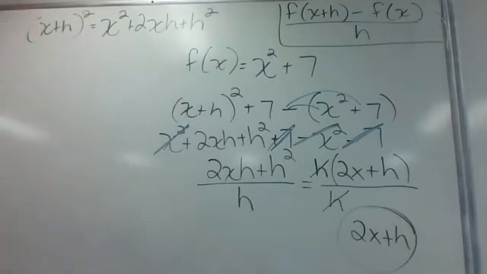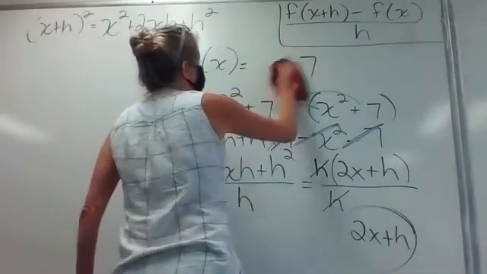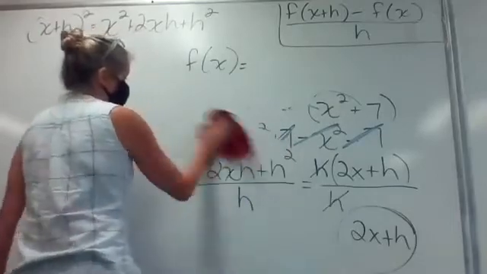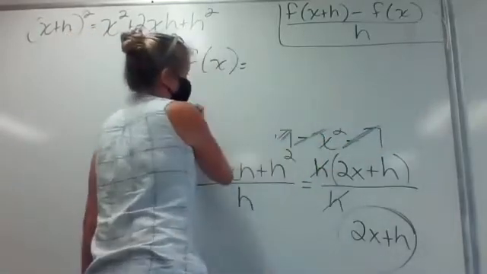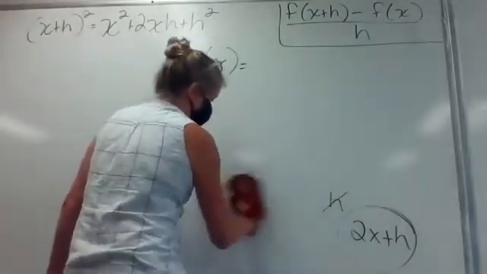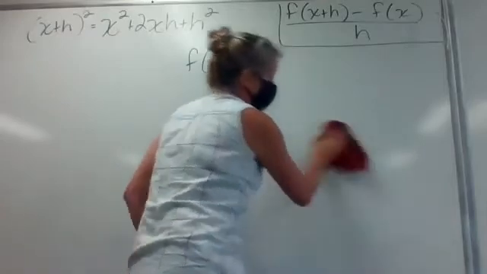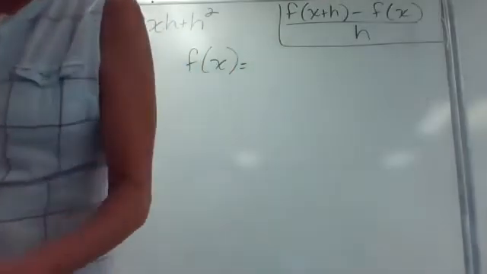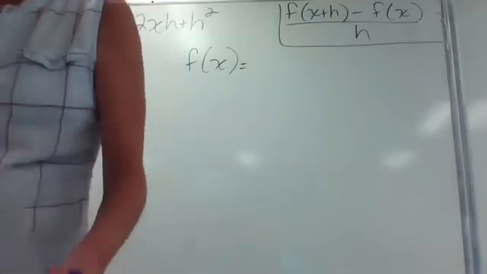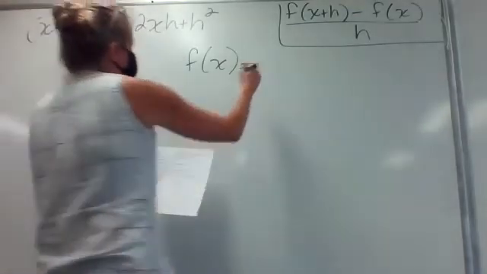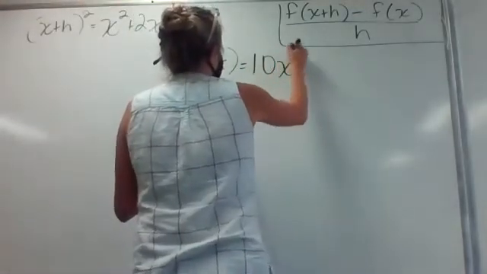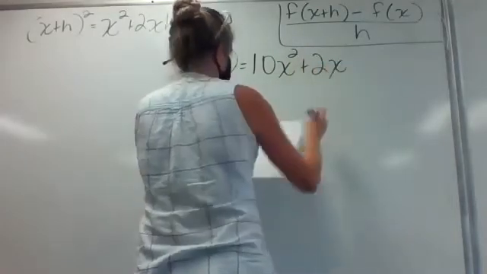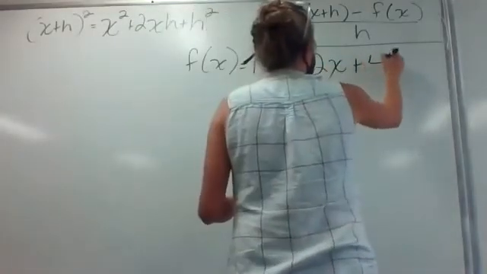Like on my next one. Which is f of x equals 10x squared plus 2x plus 4.